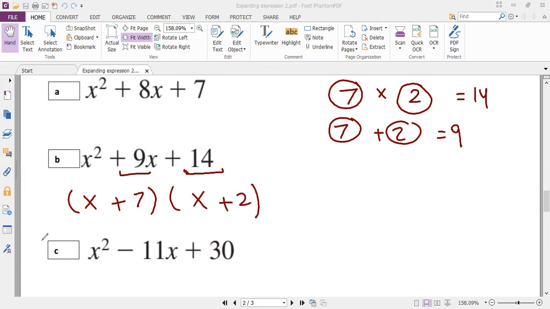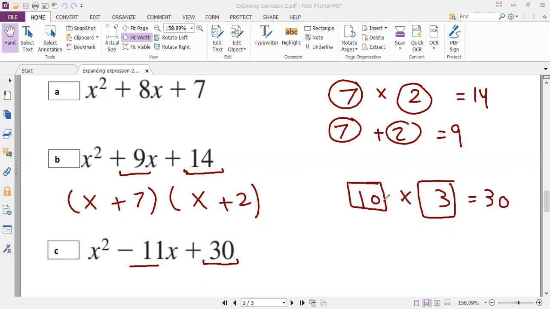What about question C? x squared minus 11x plus 30. We need two numbers, the product 30 and their sum negative 11. We can try, let's say, 10 and 3. If we multiply 10 by 3, it's 30, so I'm right.